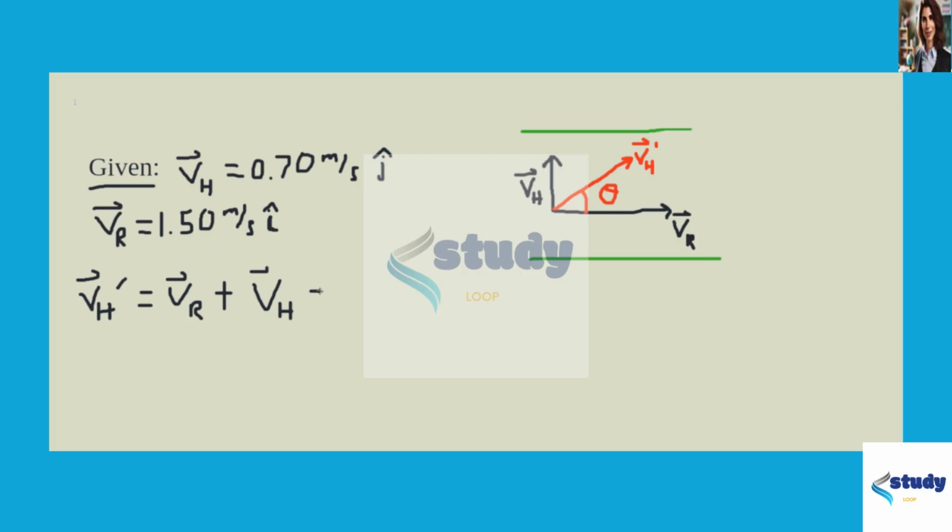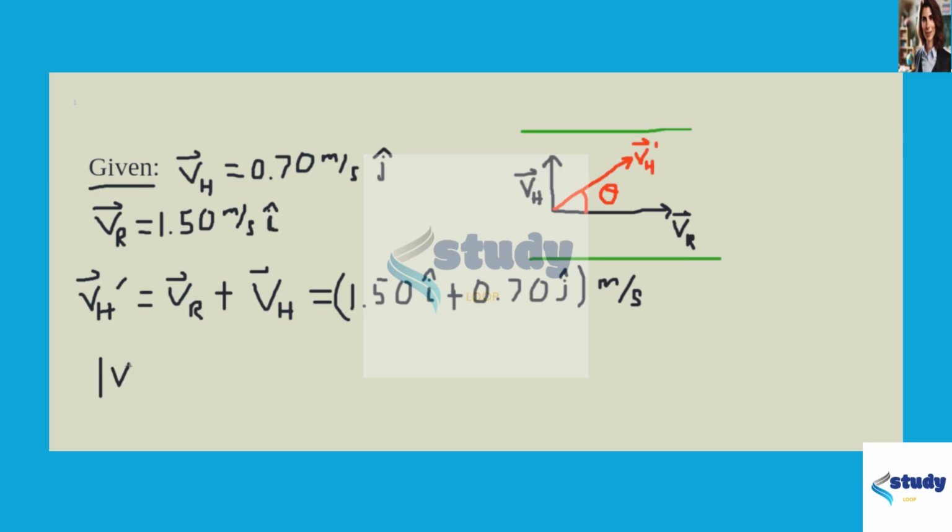Well, that is equal to 1.50 i hat plus 0.70 j hat. And these are both meters per second, so I can put that on the outside. Well, since one is in the i hat direction and one is in the j hat direction, we cannot add those together, but we can find their magnitude, which is what we were asked to find.